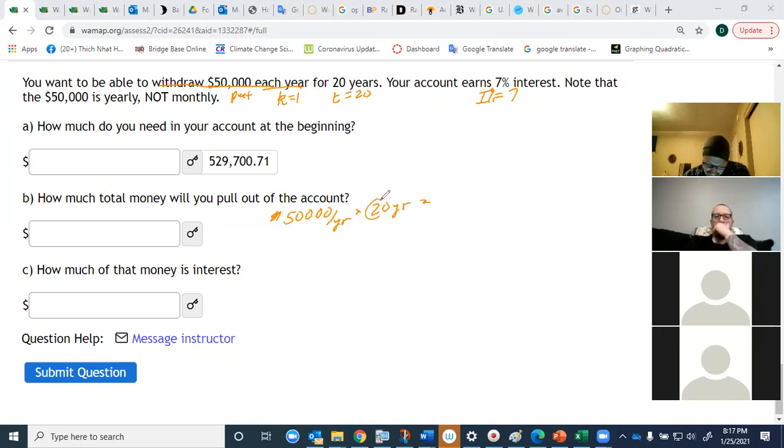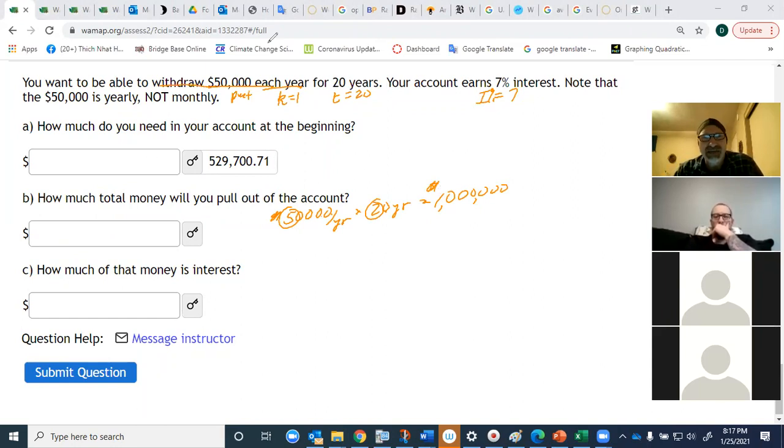Well, we know 2 times 5 is 10, and then there's 1, 2, 3, 4, 5 more zeros. That is $1 million. If you take 50,000 a year for 20 years, that's $1 million.